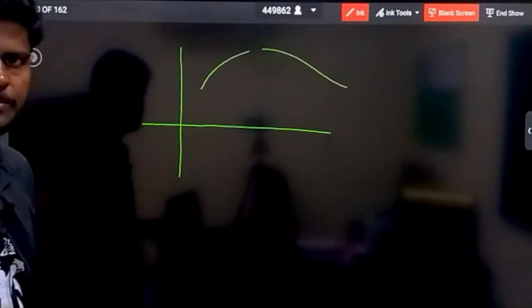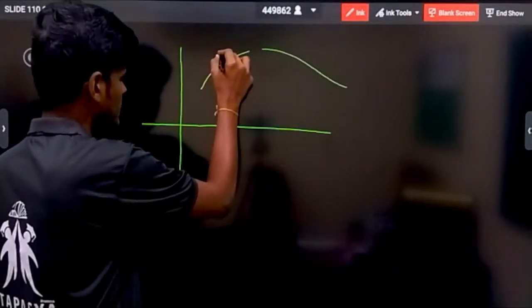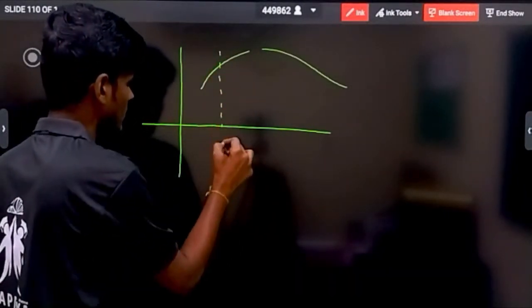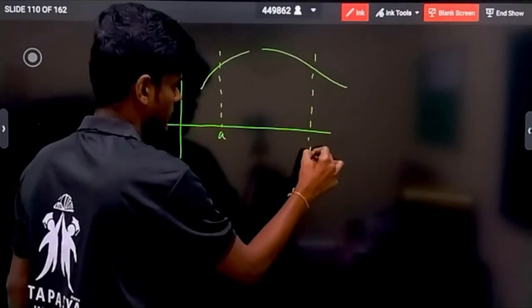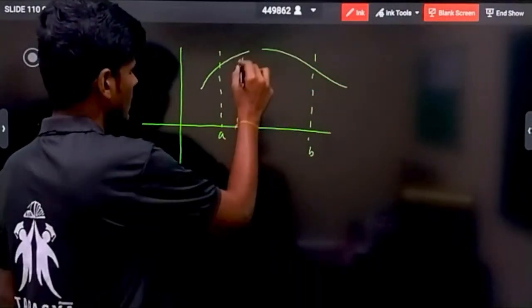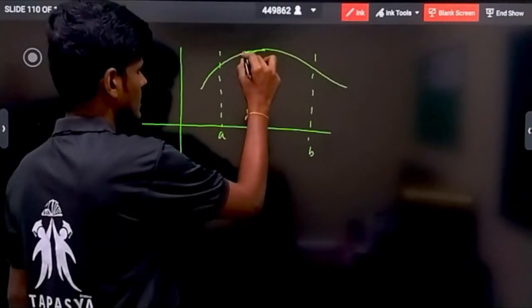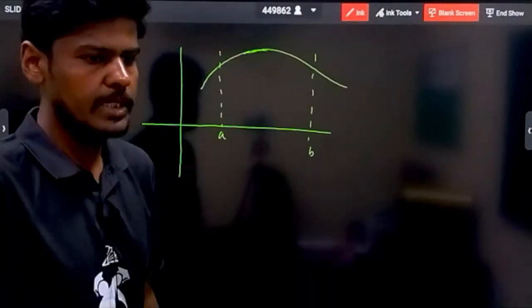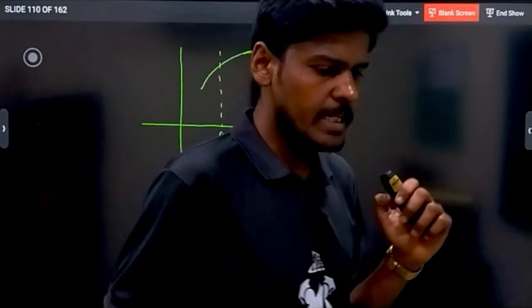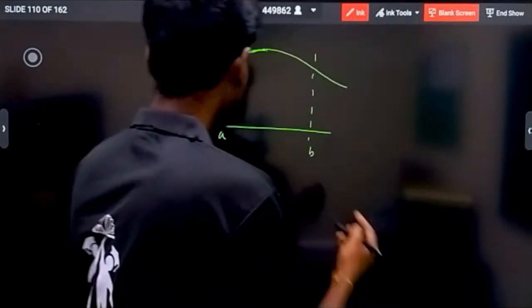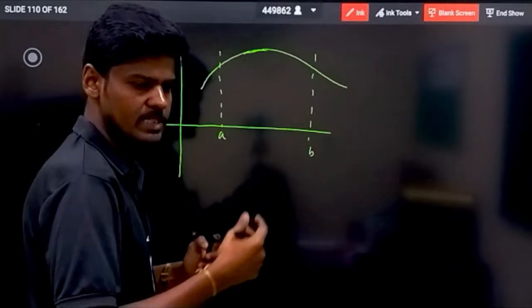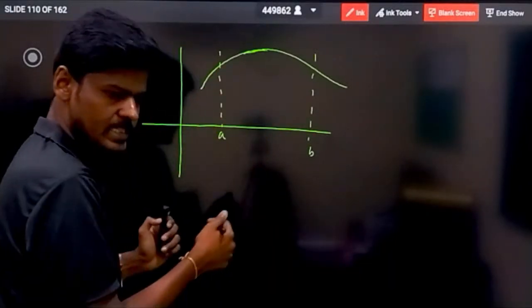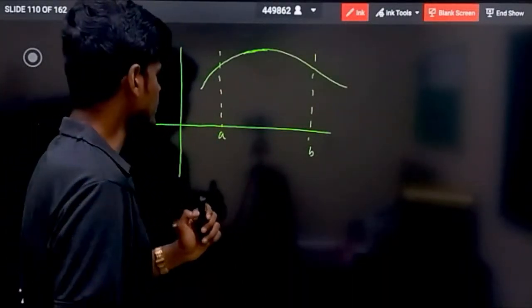Let's take an arbitrary curve like this, where this point is point A and this point is point B, and the function is continuous and smooth here. Now definite integration means between these two regions, we already know what integration is. It is nothing but summation. The elongated S represents summation of values.